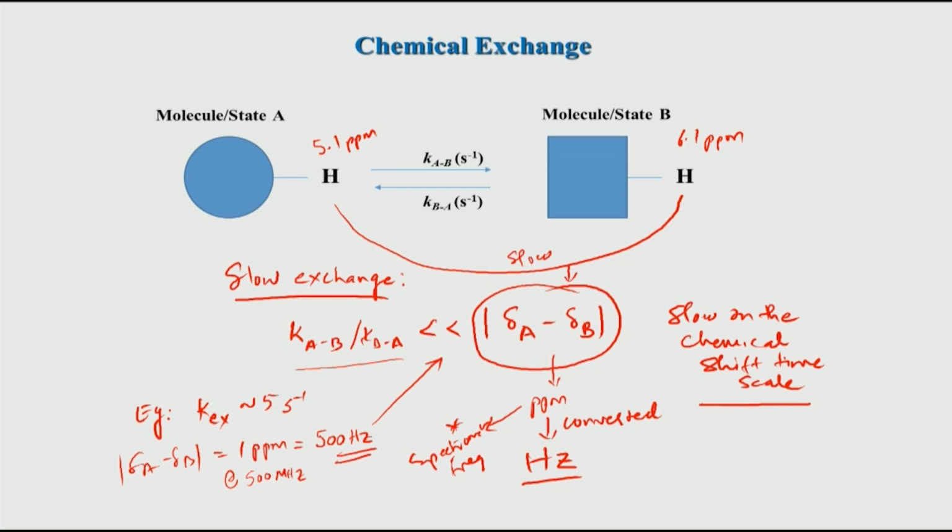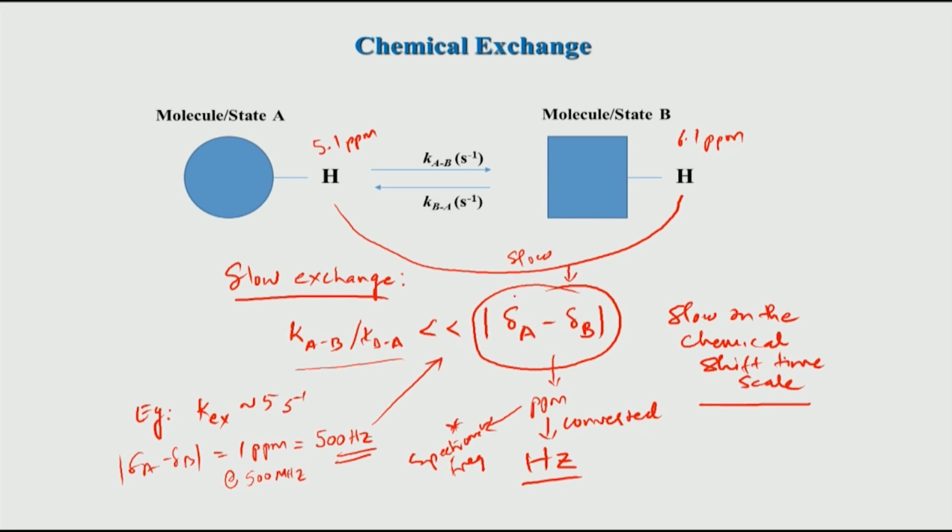So we can say that these two hydrogens are undergoing a slow exchange. Slow is always relative to the difference in the chemical shift between the two states A and B.